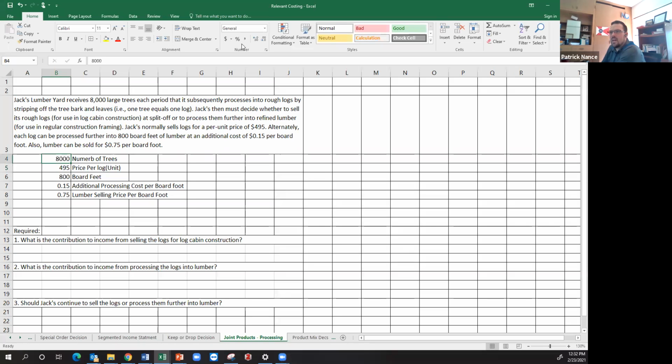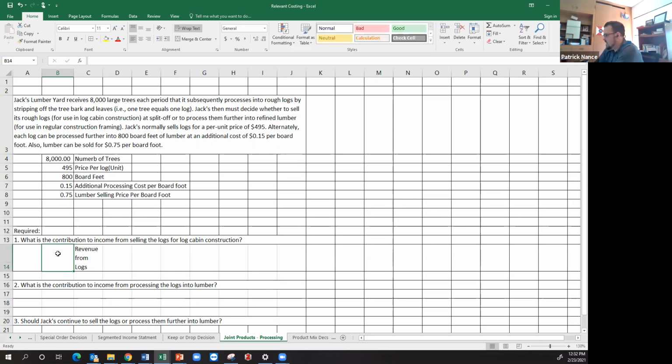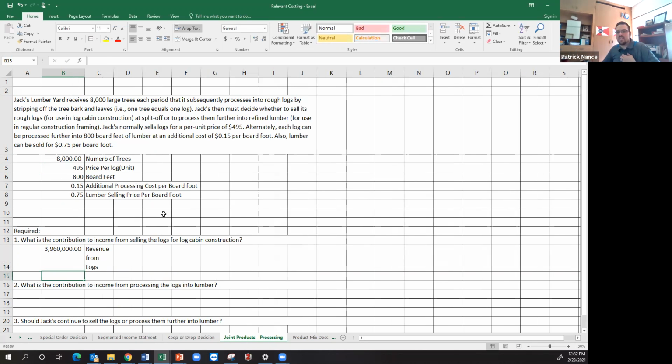So the amount that the logs themselves would contribute, revenue from logs, is going to be simply the 8,000 trees times, because that's also the number of logs, the price per log of $495. So that gives me $3,960,000 as a revenue I'm going to get just from the logs without processing them further.